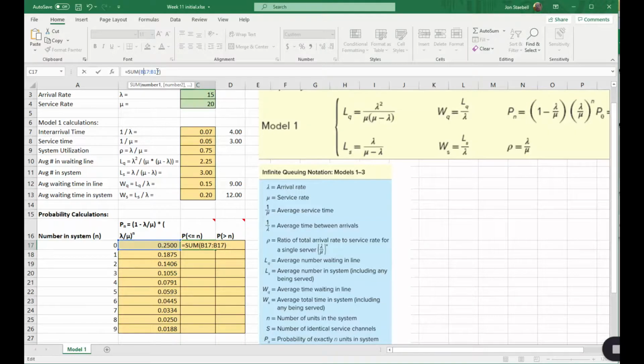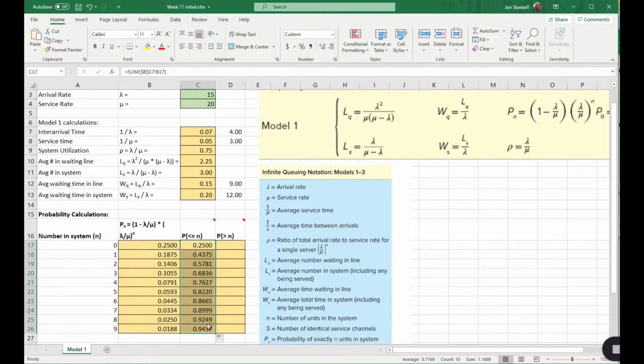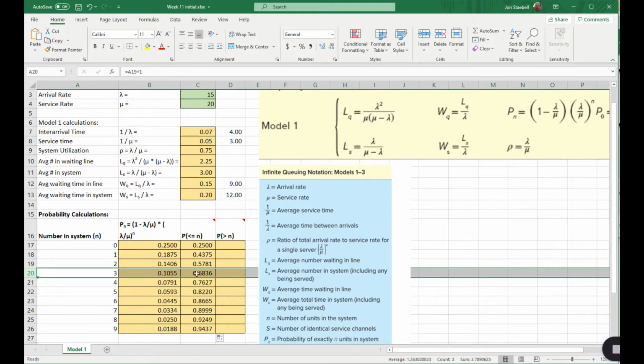But if I put $ on the first B17, so I've got a formula of equals sum of $B$17, colon, B17, then I can drag that down, and you can see that it works out nicely. My number here for 3 people in the system, it turns out there's a 68.36% chance that I'm going to have either 0, 1, 2, or 3 people in the system.